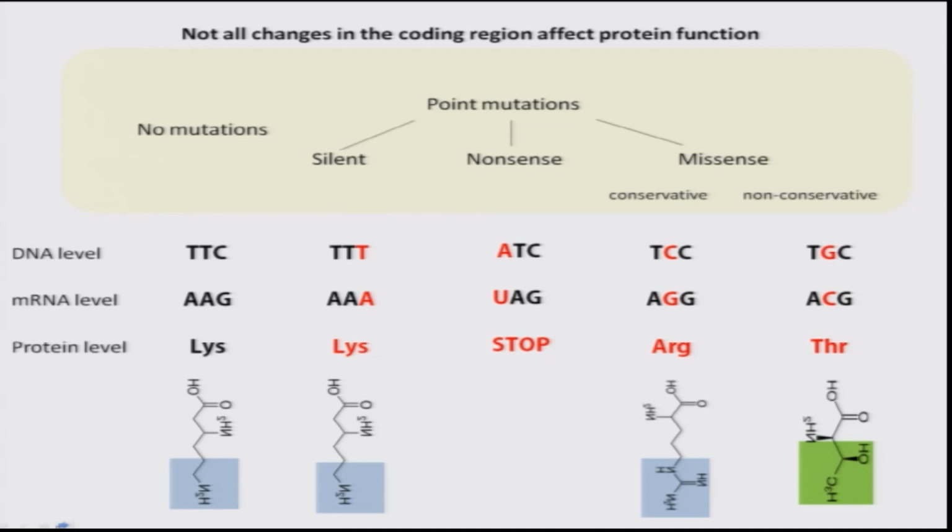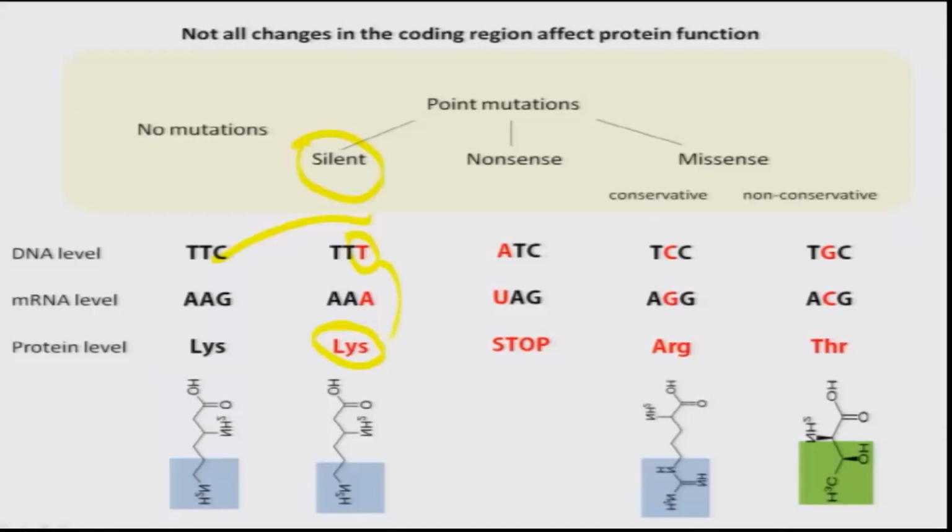There are mutations which you call silent mutations. What does it mean? You do have a change in the base, for example, from C to T, but it did not alter which amino acid should be added in that position. As you have seen, there are amino acids which can be coded by up to about 6 different codons.